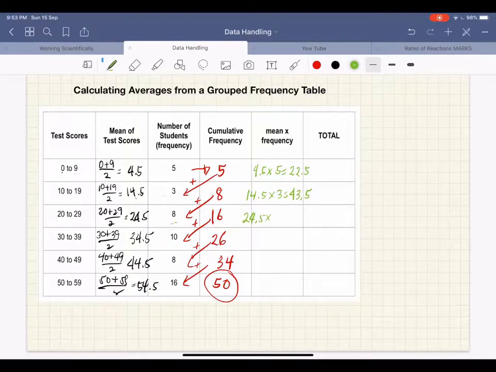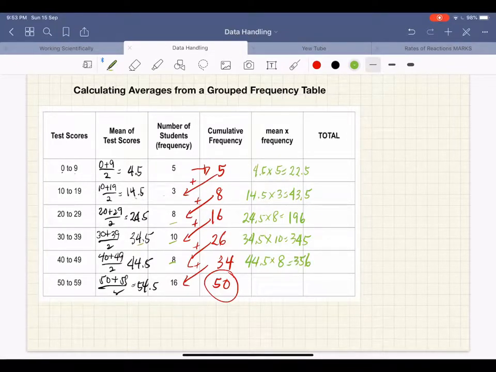Okay, so 24.5 times the frequency of 8 equals 196. Next, 34.5 times 10 equals 345. Next, 44.5 times 8 equals 356.